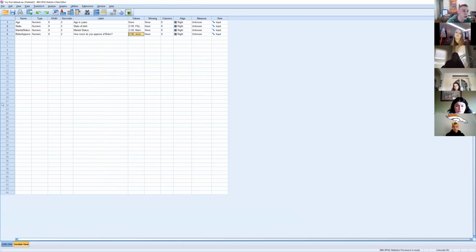So for this interval measure, we can say years in workforce, and I'll make a label: years in the workforce since age 18.